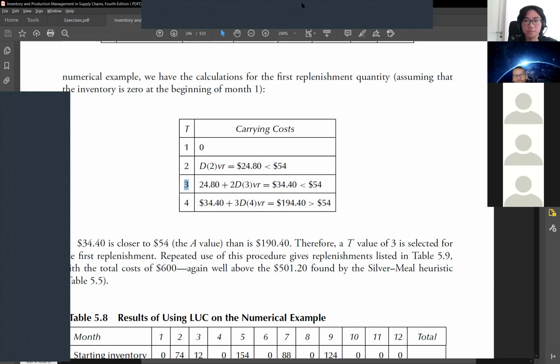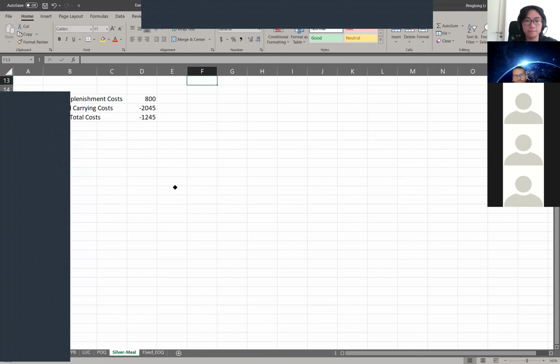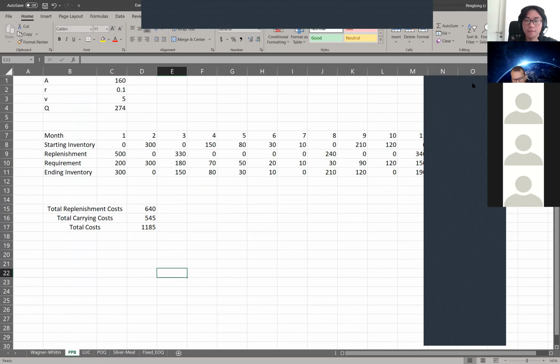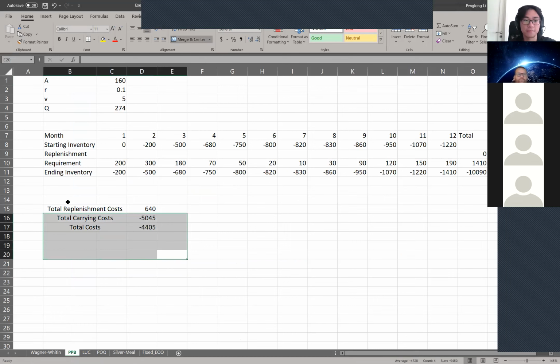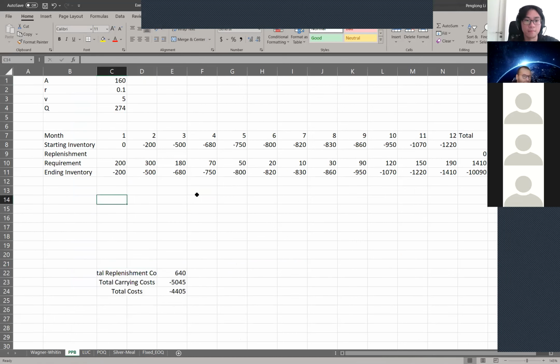And I'm going to show you. You can just do this in Excel, and you don't need anything else. So we start from here, and as we discussed, the first one is 0, and the second one is we're carrying 300, which is the demand for our second month.